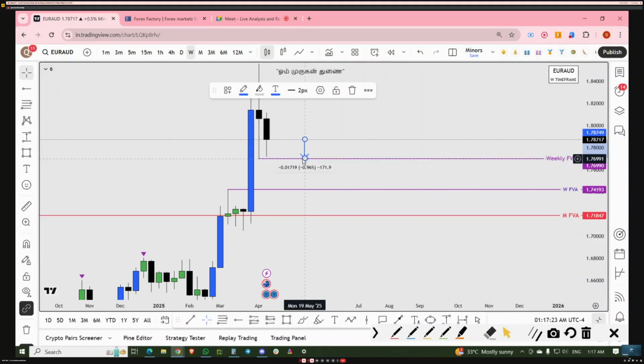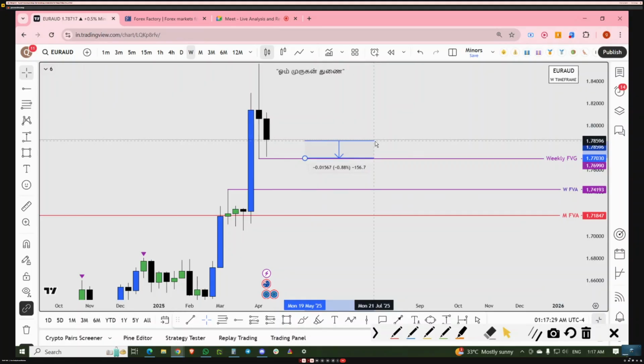The probability of touching that weekly FVG is higher, is what I see based on the momentum. But what is your trade plan? How will you plan your trade?